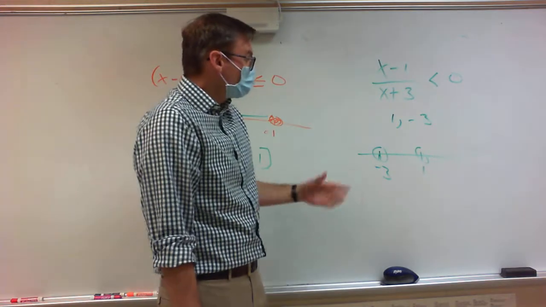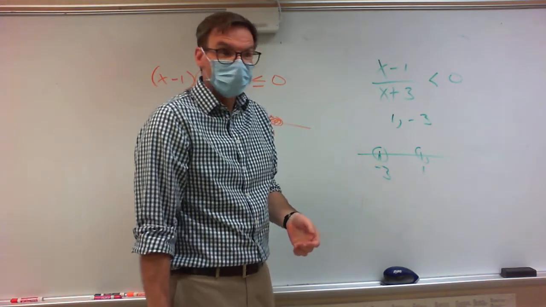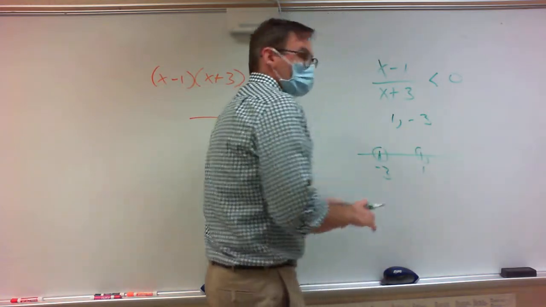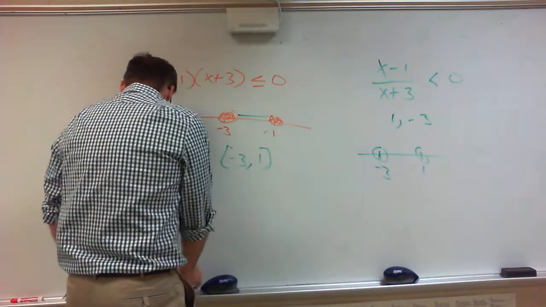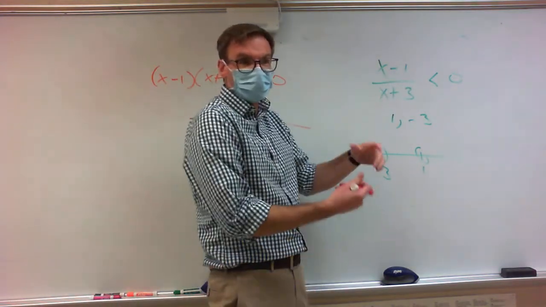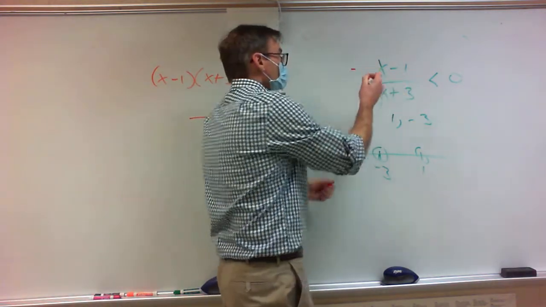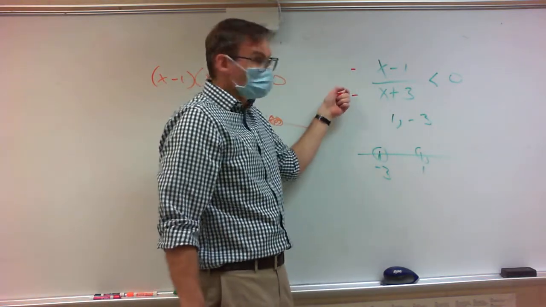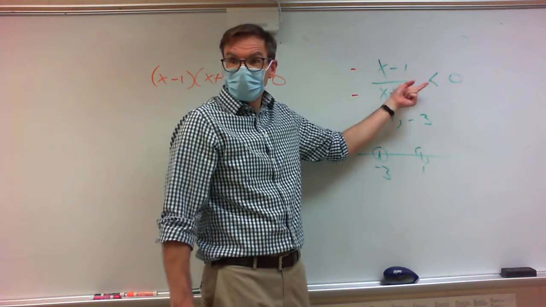Great. And now we're going to check. Those boundary points have divided this into 3 parts, and it's going to be the same thing. If I plug in -1,000, are we okay? -1,000 minus 1 is going to be negative. -1,000 plus 3 is also going to be negative. Negative over negative is positive. Is that less than 0?